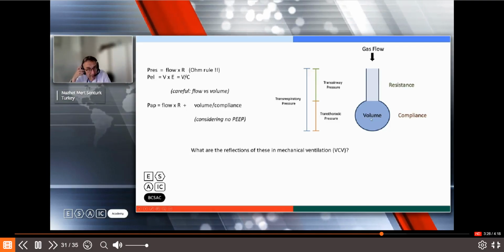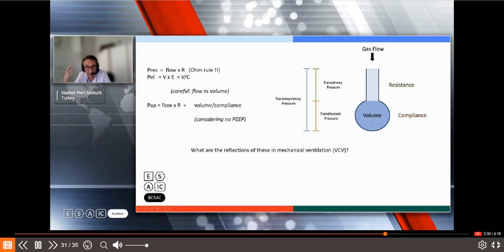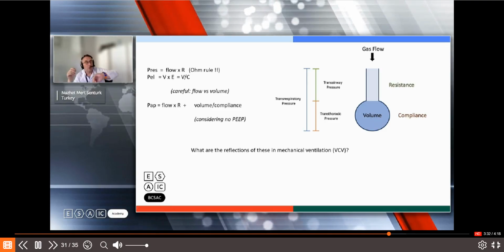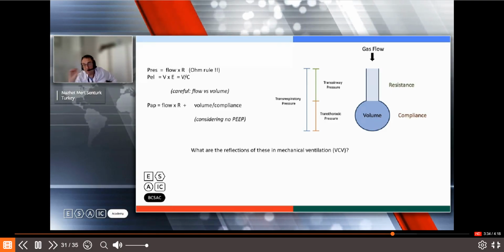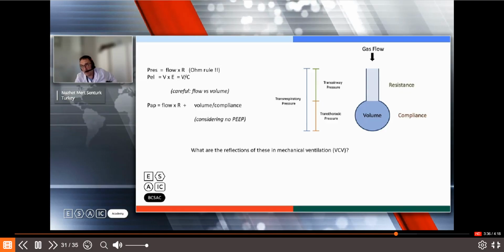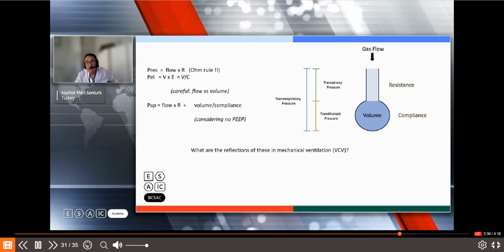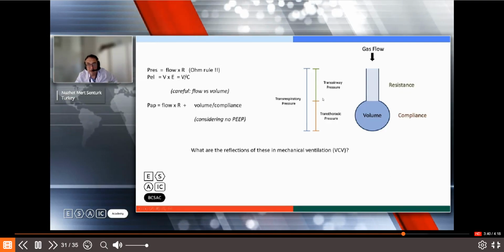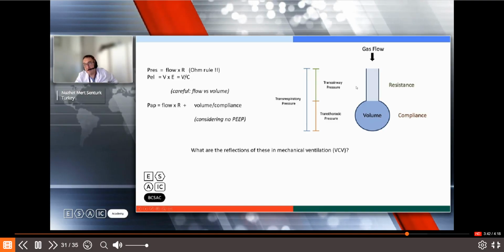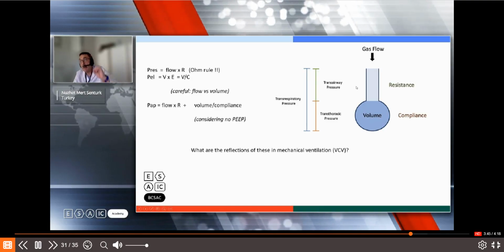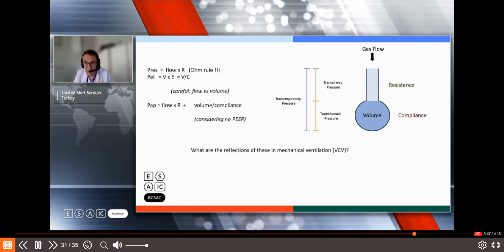If you have a patient undergoing mechanical ventilation with, let's say, volume controlled ventilation, and if this is a patient with an obstructive lung disease, then you would need a higher transairway pressure. This would show itself in an increase in the peak airway pressure.